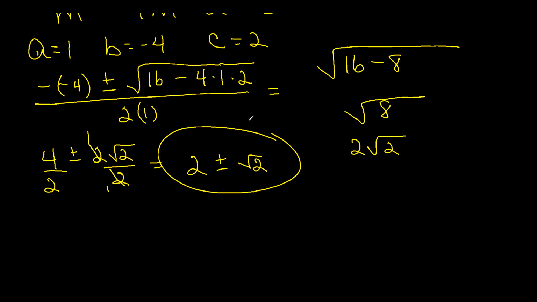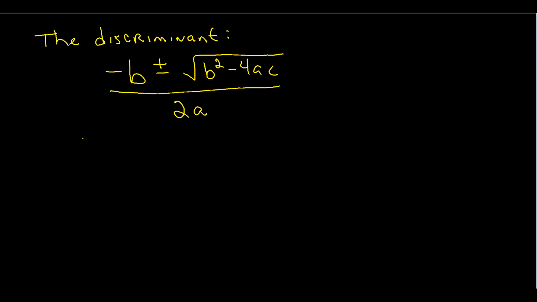Okie doke. That's that. And now we'll talk a little bit about the discriminant. In our next objective, it's about using the discriminant, and it comes from our quadratic formula, in the radicand.